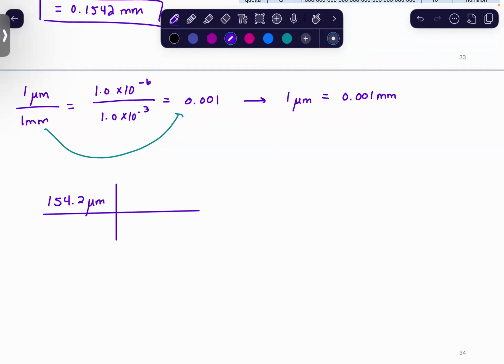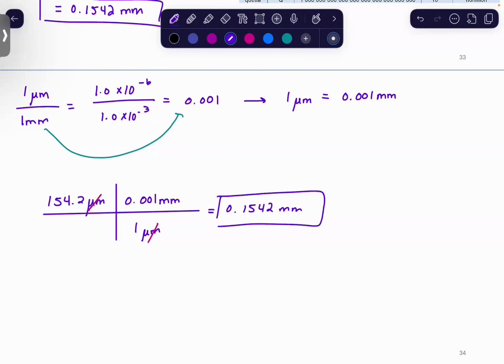And then I can say, well, my conversion factor, I need to get rid of micrometer. So I'm going to put it on the bottom, because now you notice micrometers divided by micrometers cancels out. So that unit is gone. And I have 0.001 millimeters. And when I multiply this up, I get 0.1542 millimeters.